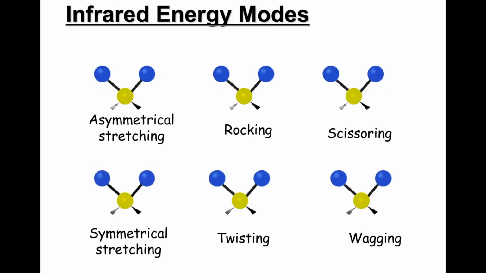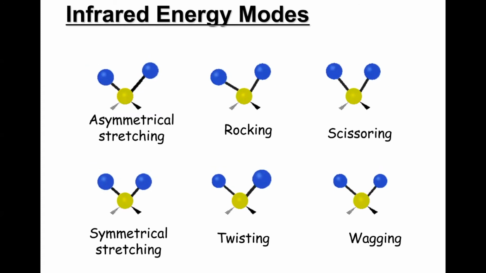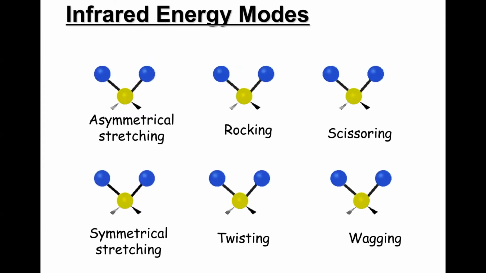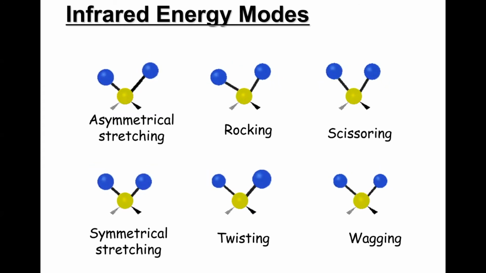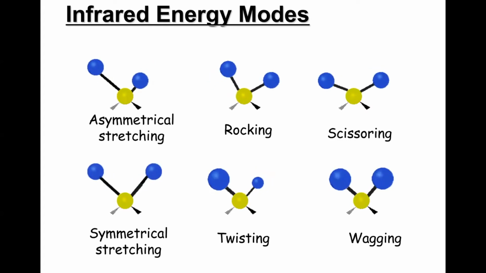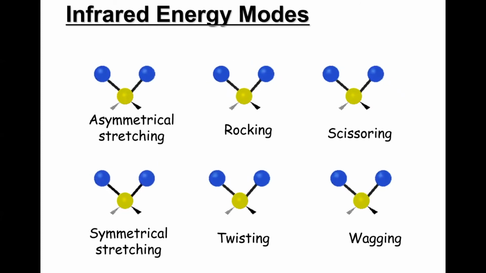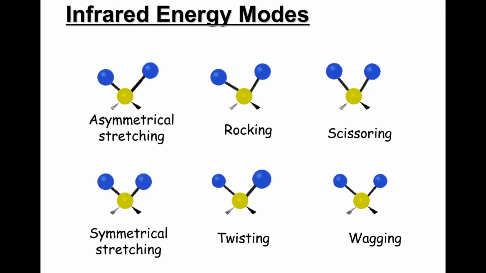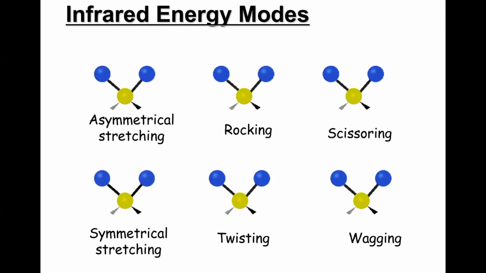These are all ways that our molecules can be moving. Just naturally, as they exist, they have these movements, and infrared picks up on some of these energy modes that are happening within our molecule in terms of absorbing.